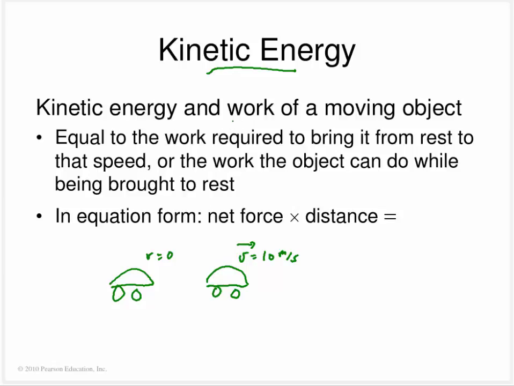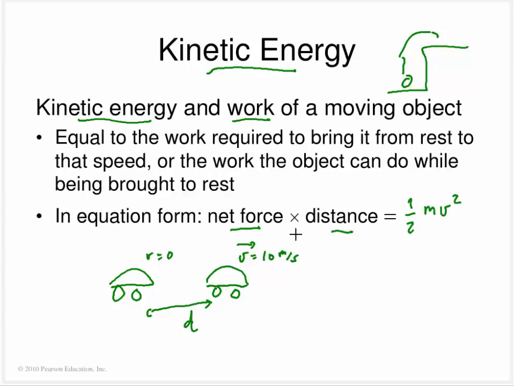So if you do work to an object, it's going to gain kinetic energy, much like when we did work to a stone and lifted it up, it gained potential energy. Same thing. We're applying some force over some distance, and your car is applying some force over some distance, and that's all going to turn into, in this case, 1/2 mass speed squared.